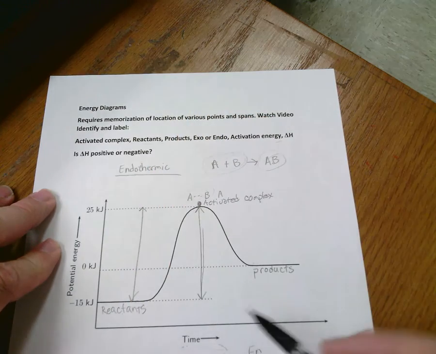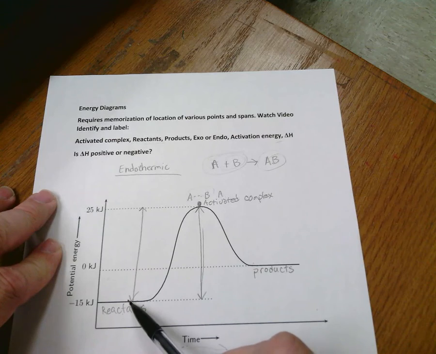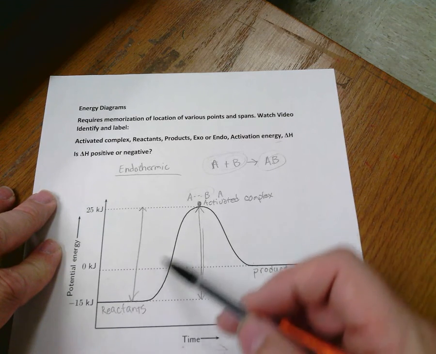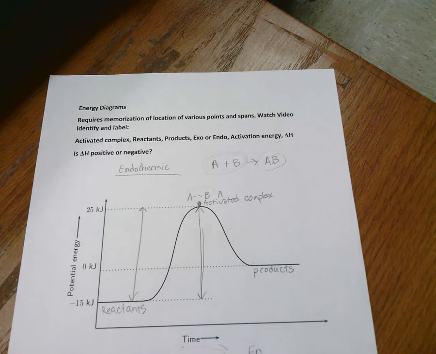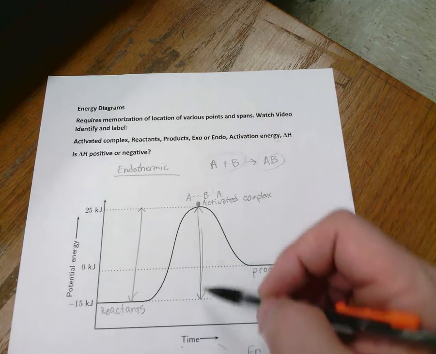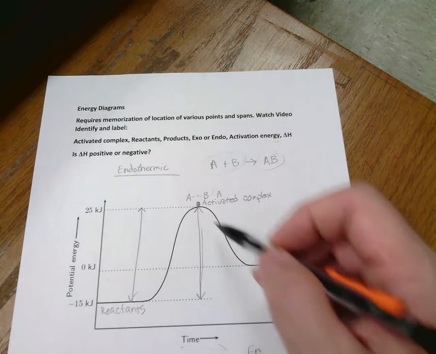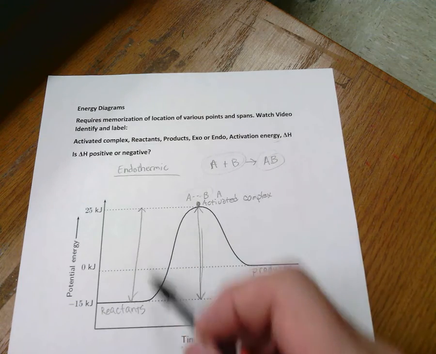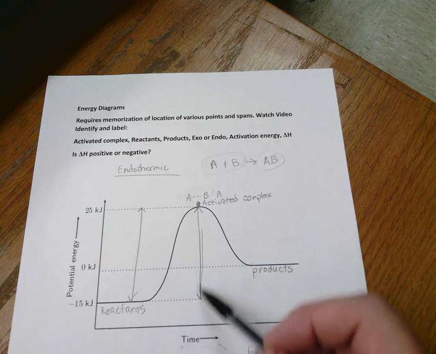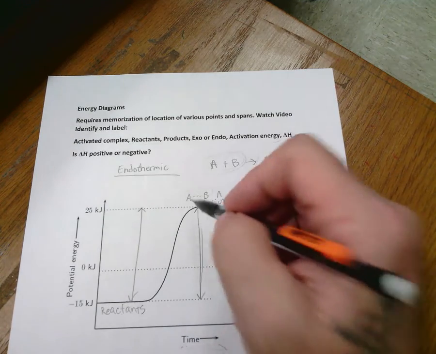It doesn't matter. It measures the same thing. It measures the energy from the reactants and how much energy that hill is that I have to get over, which is the definition of activation energy: the hill of energy that I have to get over to get this reaction started. So it doesn't matter where the arrow is, it measures from the bottom of the reactants to the top of the activated complex.